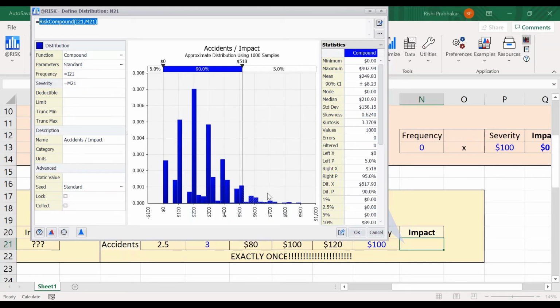If I run a simulation, the risk compound function will sample the frequency. Whatever that number is, it will then take that many samples from the severity or consequence distribution, add them up, and say, here is the total impact of that line item.